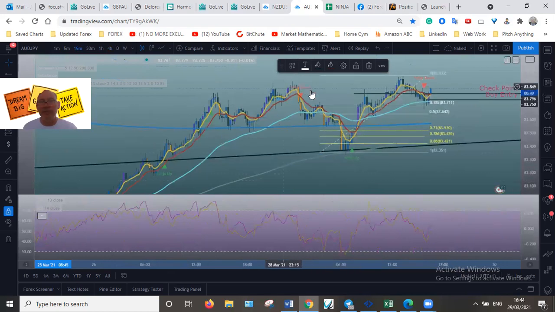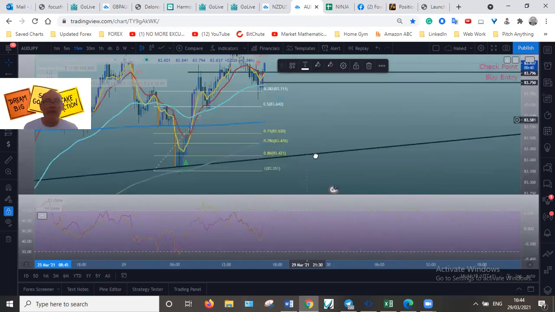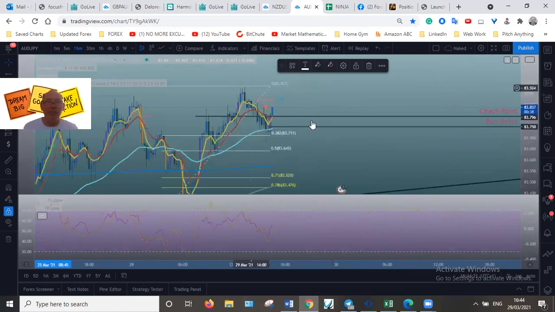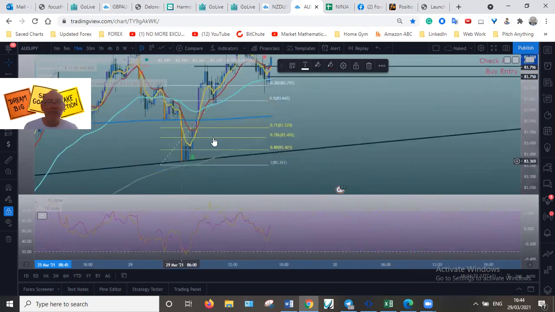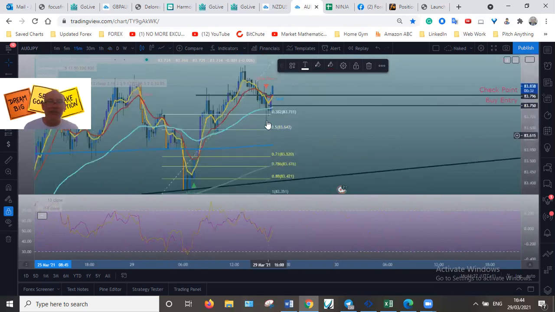Use some Fibonacci's. Hit there, back up. And then another one up here, top to bottom. It came down into the 38.2 and the 50, in between this zone here for a retracement, and then back up.